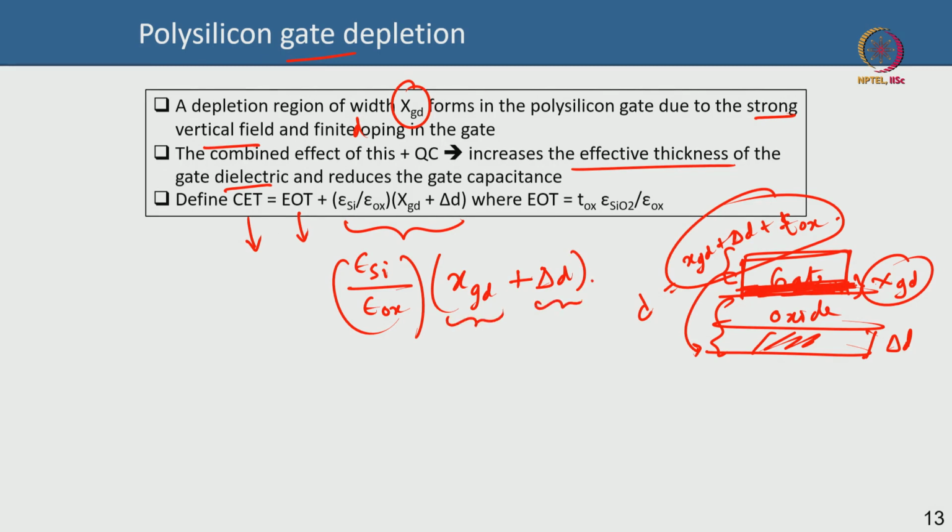In long channel devices, your vertical fields are not so high, so this quantity is negligible, close to 0, and this quantity does not matter because your oxide thickness is pretty large. So, in that case this becomes almost negligible, but not in highly scaled devices.